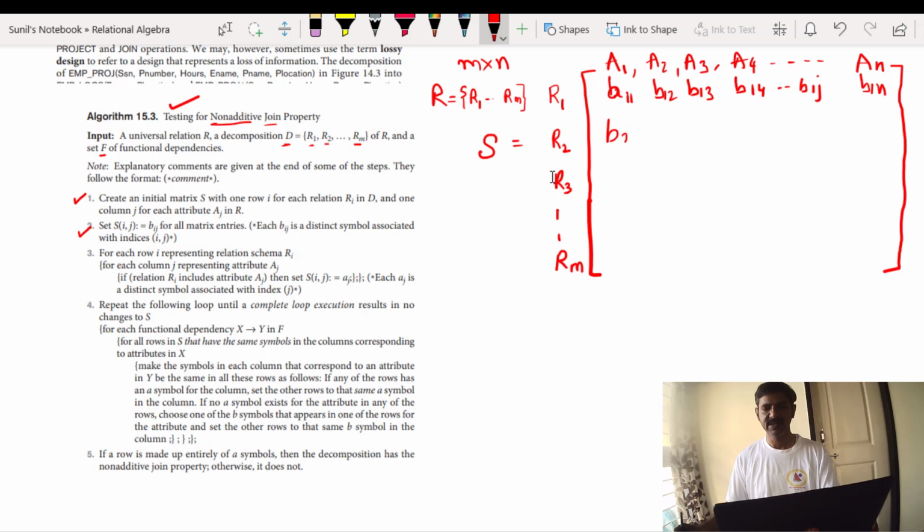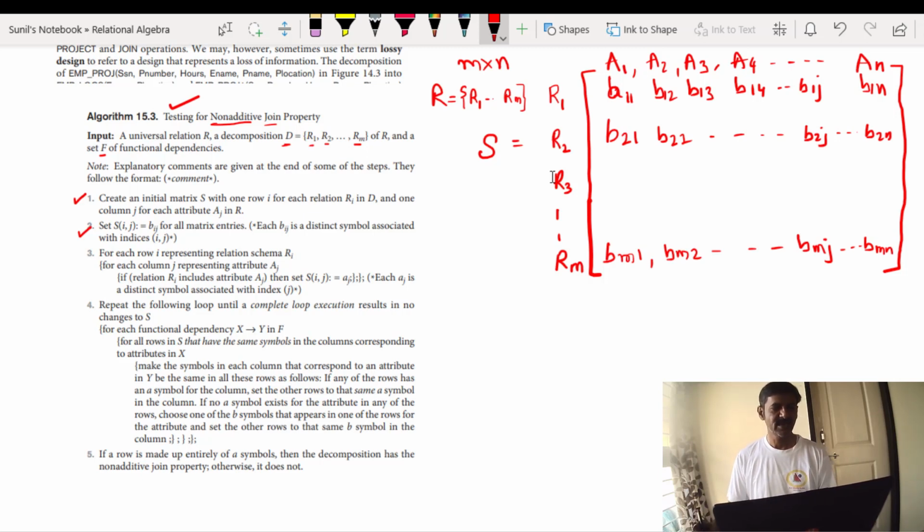Similarly here b21, b22, like this b2j, and up to b2n. So likewise you should have bm1, bm2, bmj, and then here up to bmn. So this is the initial matrix that you would create.